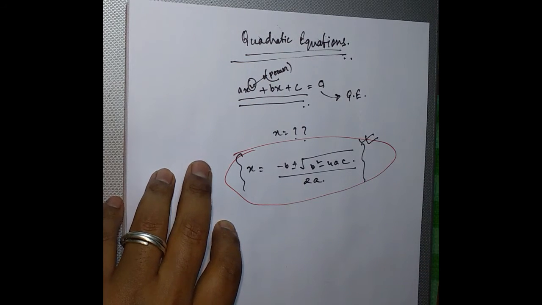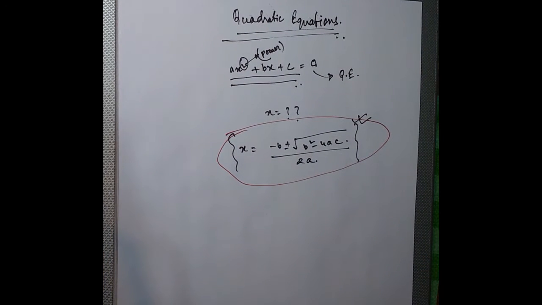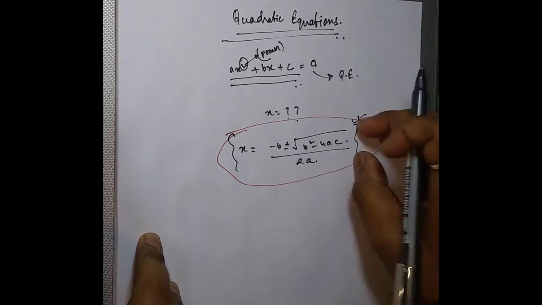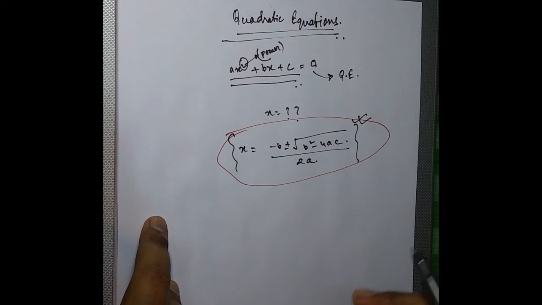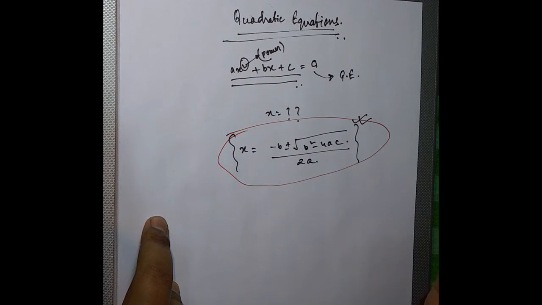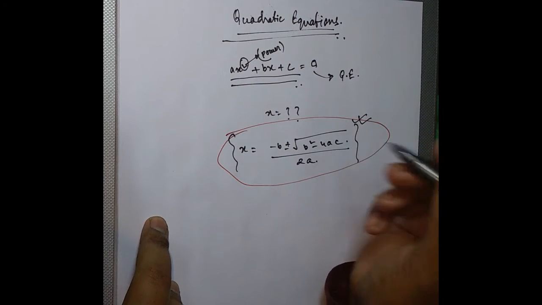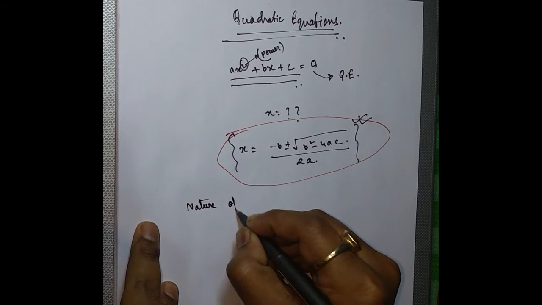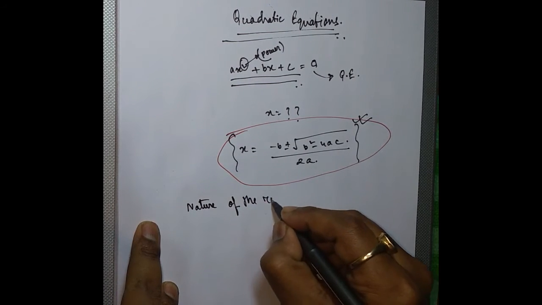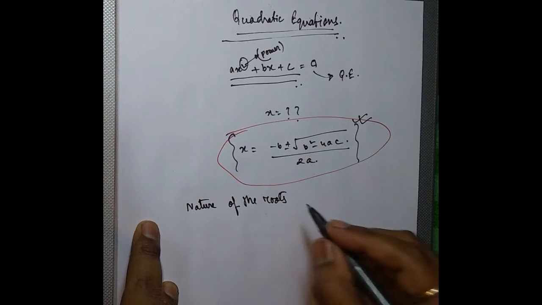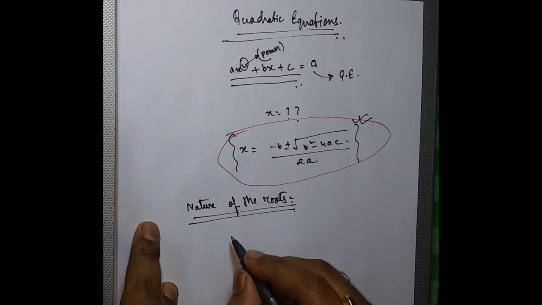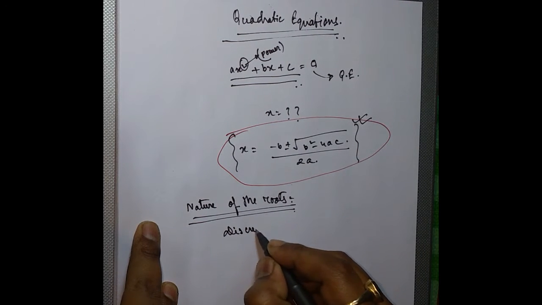So let's go. Now this is the quadratic equation, and these are the roots. Before finding the actual roots, we will first find the nature of the roots. And to find the nature of the roots we need the discriminant.